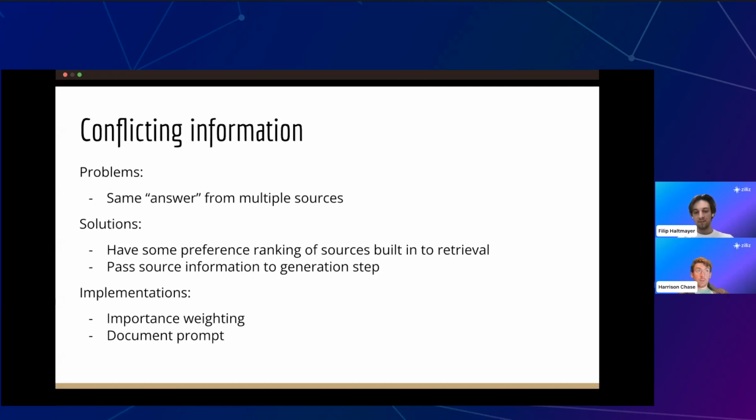The other thing that is maybe a bit more robust, in some ways, is you can pass the source information, the metadata, to the generation step. So you don't just say, here's a chunk of text that was found that seems relevant.